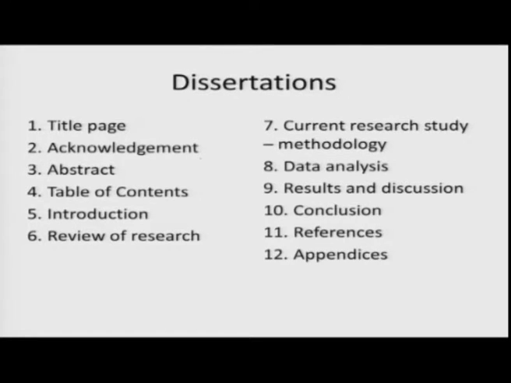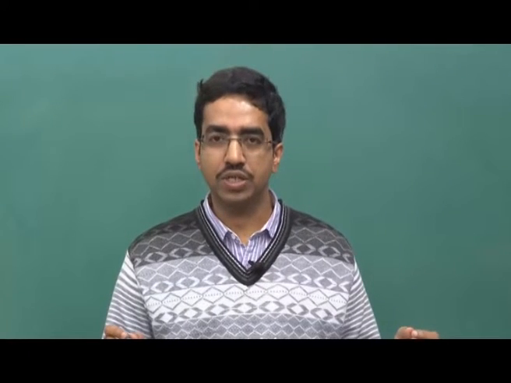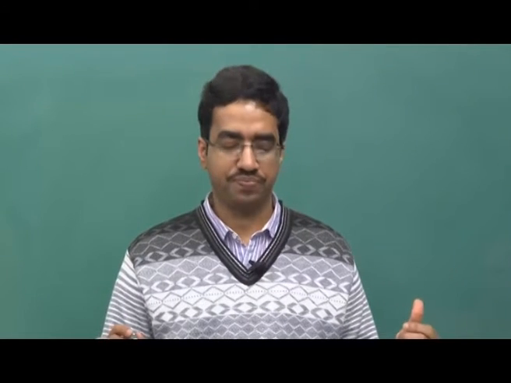So, this is very important. Then abstract, as we have seen in the case of research report, this is actually a summary of your complete dissertation. So, sections of your dissertation are aptly represented in a good abstract.